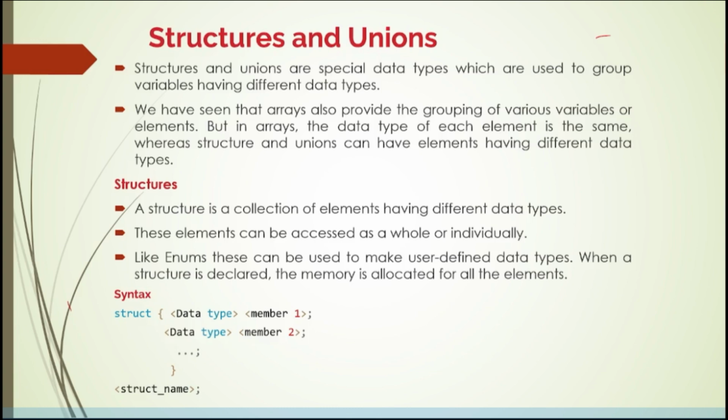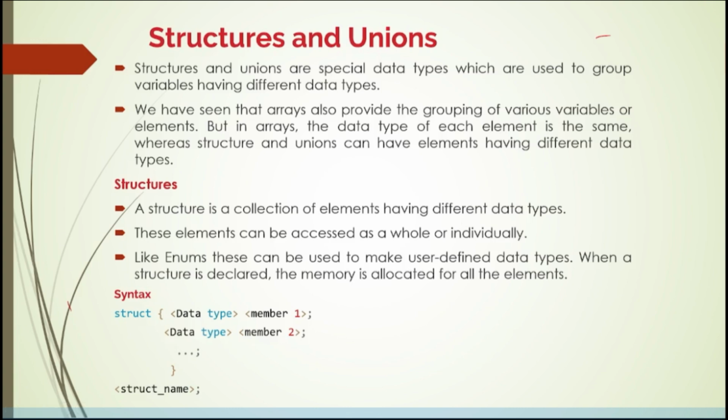Both structures and unions do the same kind of thing, but there are some differences between them, which we'll talk about in the next slide. A structure is a collection of elements having different data types.